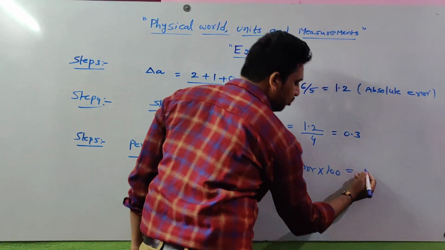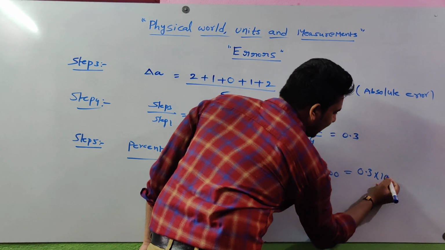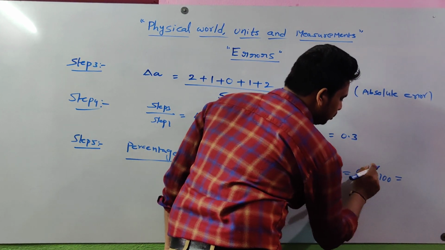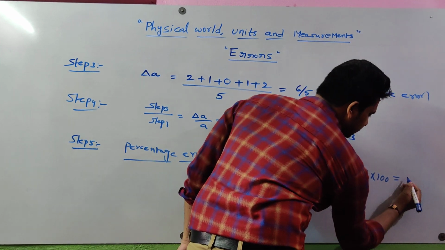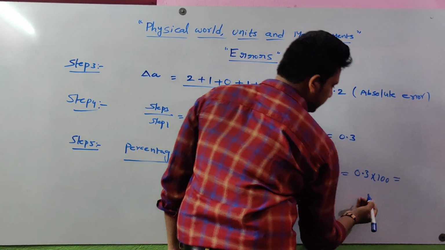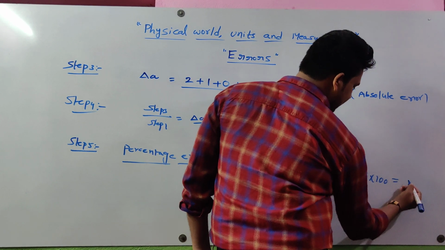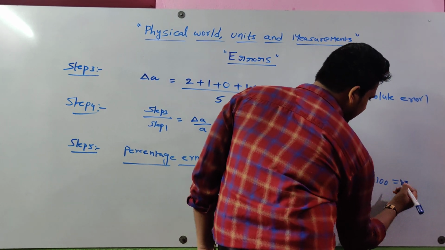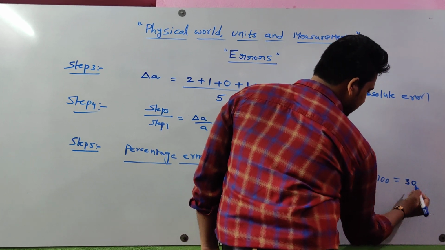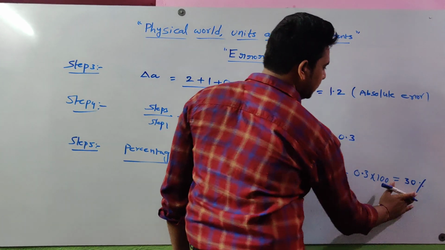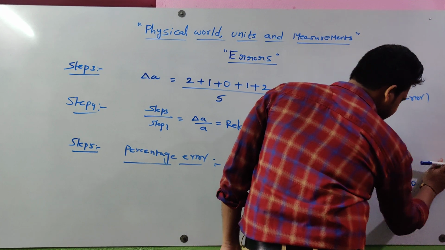What is the relative error here? 0.3. 0.3 into 100: move the decimal two digits. So 0.3 into 10 square is 30. Finally we got 30 percent.